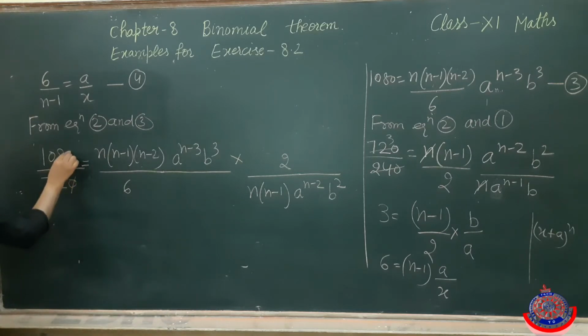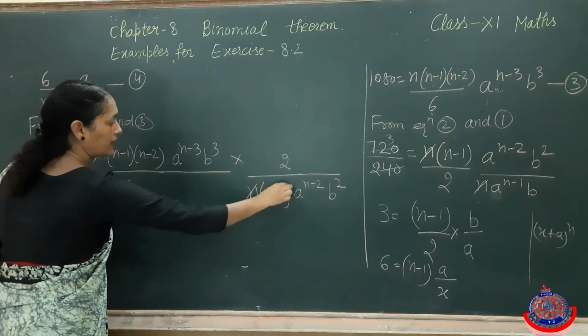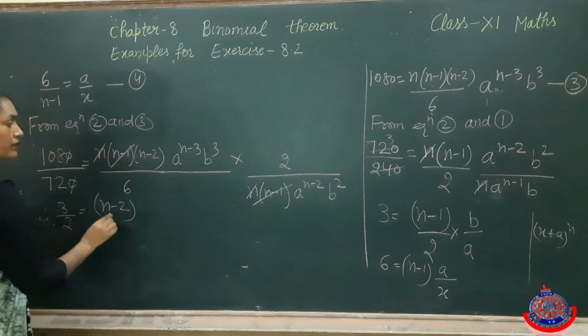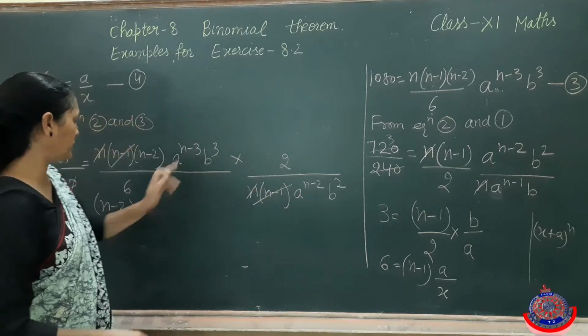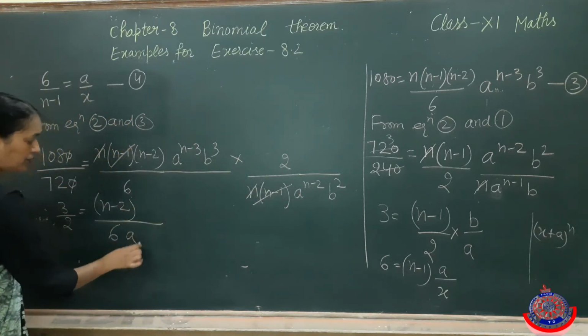Here 3s and 2s cancel, n is cut with n minus 1, so we are left with n minus 2. Then a^(n-3) and a^(n-2), a will be in the denominator.